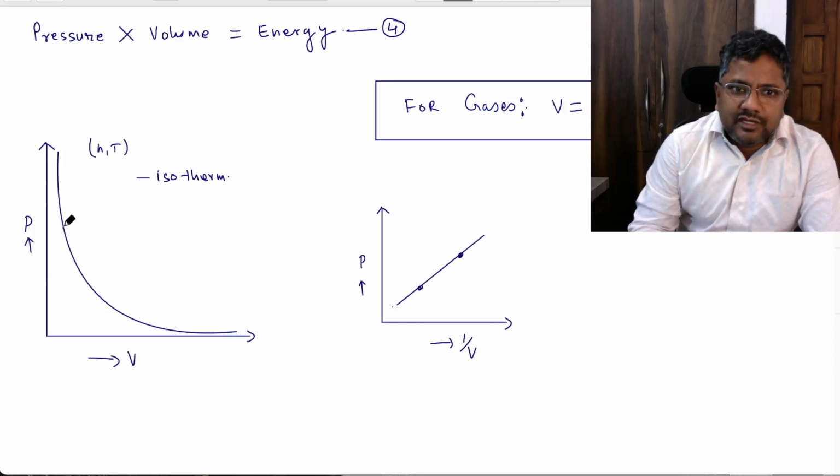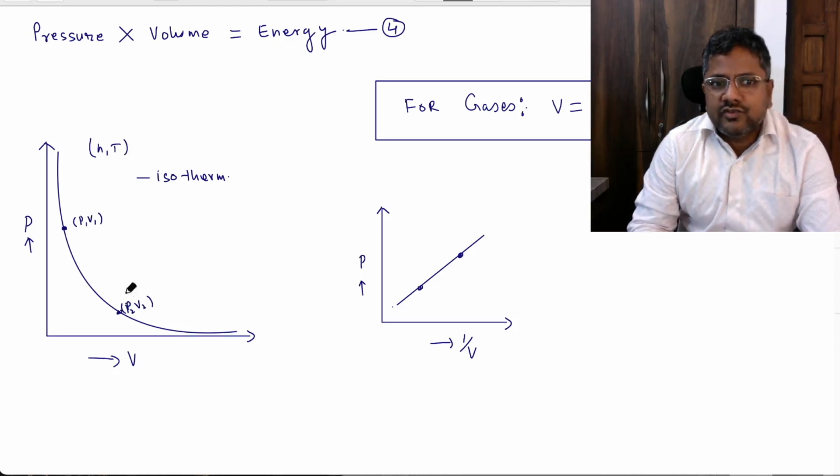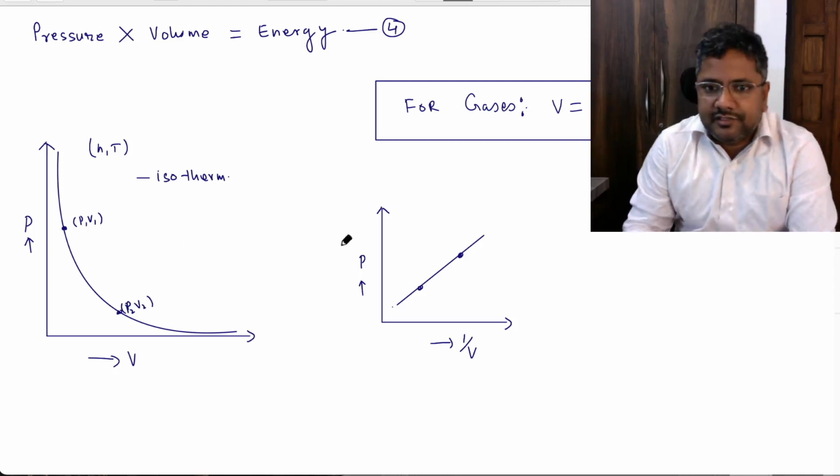Suppose here we have some point P1, V1, where N and T are constant, and here P2, V2, where N and T are also constant.